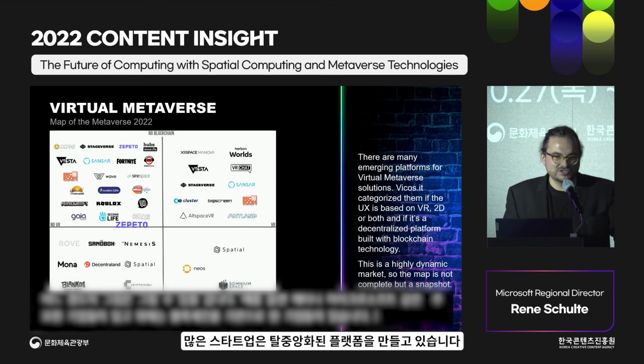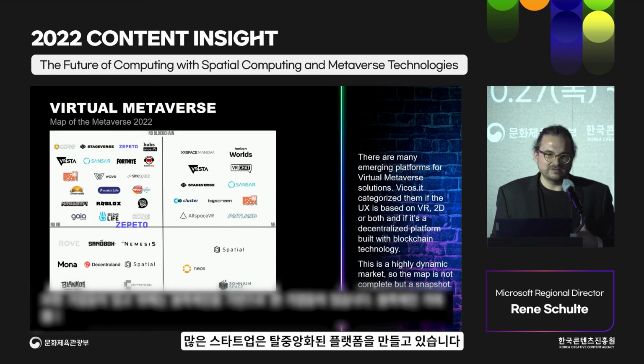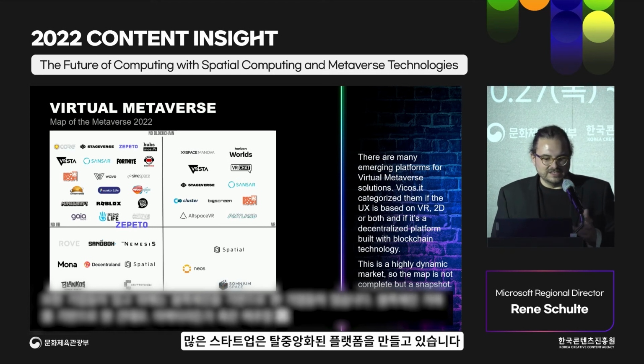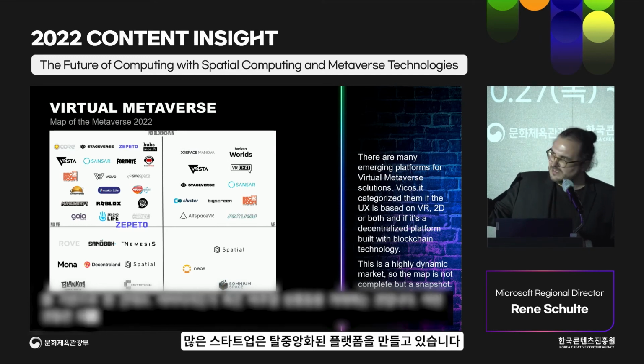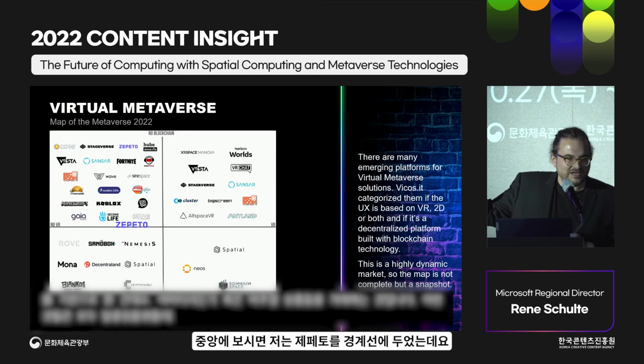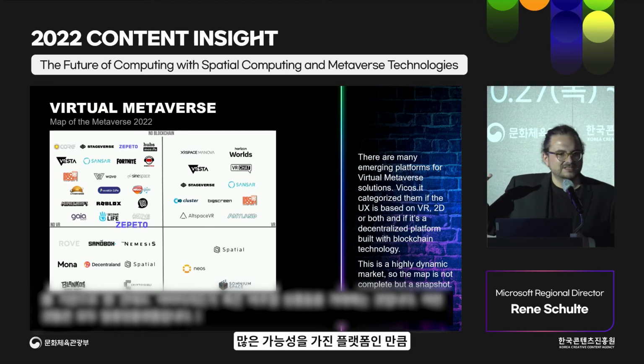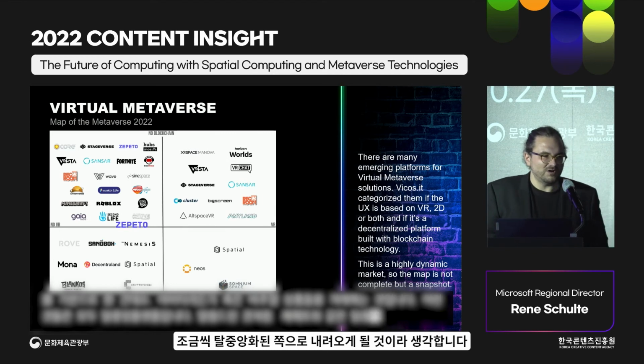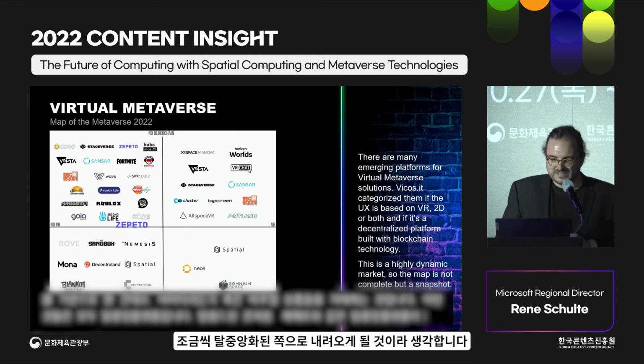So when you buy a virtual asset, something for your avatar, this is a transaction on the blockchain, and you have startups working a lot on these decentralized platforms. I put Zepeto on the centralized side, but they're also working on, I think it's called Zepeto X, a decentralized platform, so they're also entering the decentralized market because there's definitely a lot of potential.